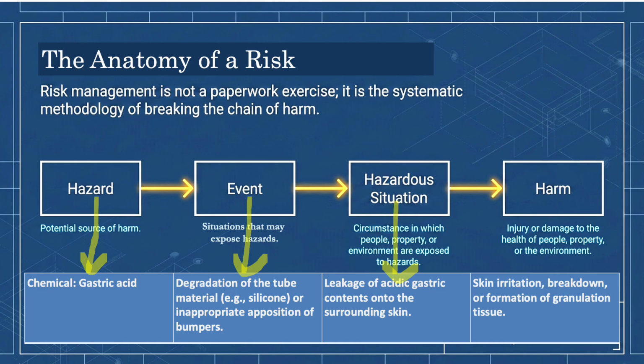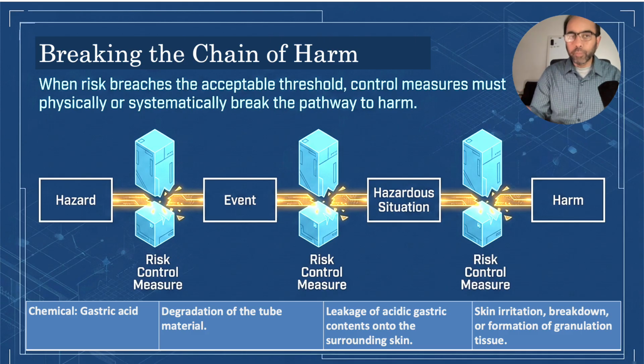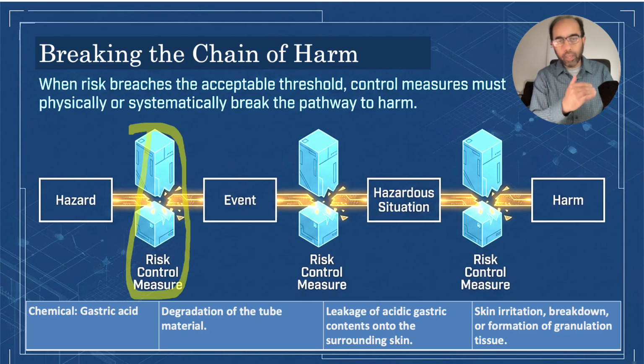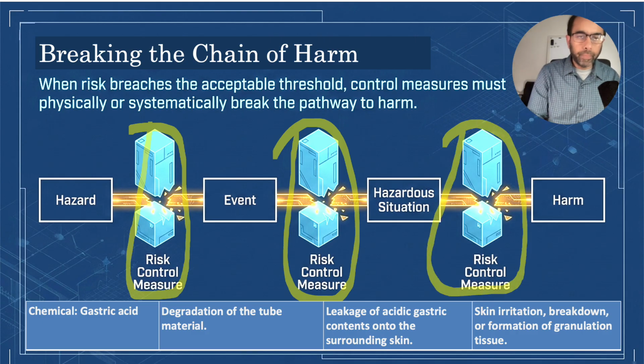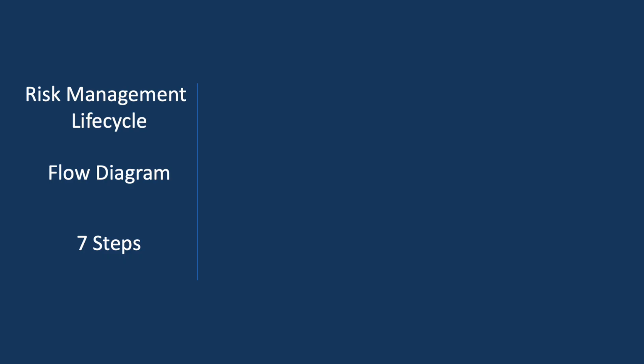And that leads to the harm. In this case, the harm would be skin irritation, breakdown, or formation of granulation tissue. So in risk management, our objective is to systematically put risk control measures at every intersection and every interface, and thereby we break the chain, the pathway to harm.